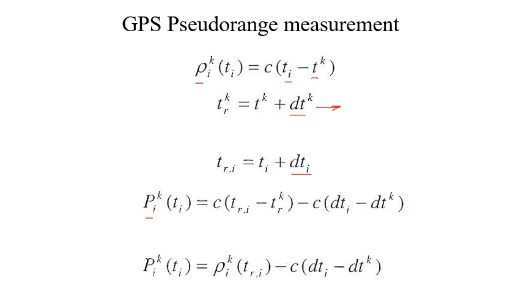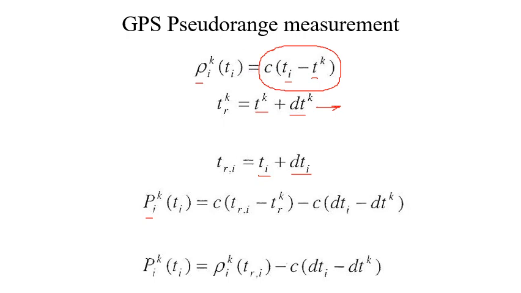Normally you measure Tk and Ti, and these time measurements are made by the receiver. There are errors included in these time measurements, as you can see, because the clock errors are present. So I make some corrections here.